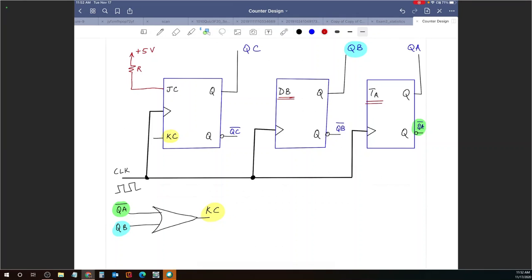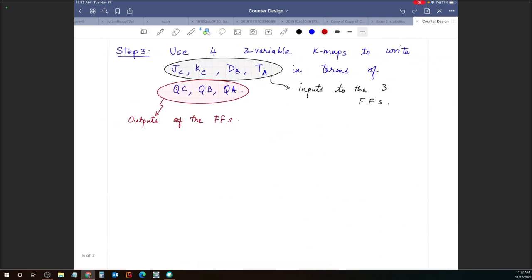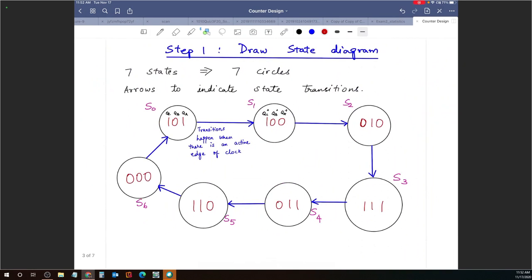There's nothing very interesting happening there. But when you complete that, that would have completed the design of our very arbitrary student chosen counting sequence, which is what?